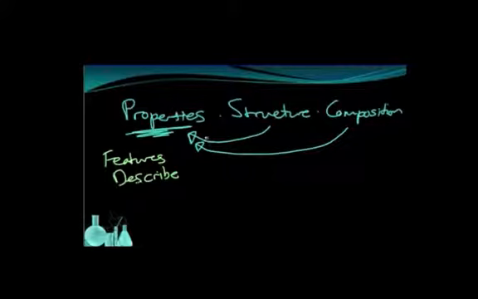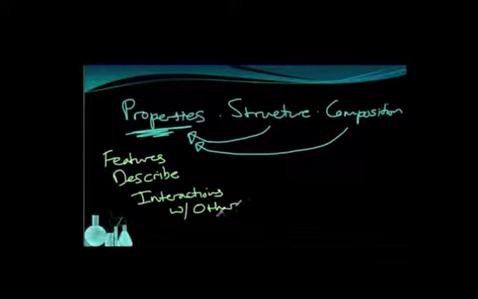But the really big deal about properties is that they also tell us how matter is going to interact with other matter. And that's going to be really big for chemistry, because we're going to be interested in how substances interact with each other, and properties are going to be a big part of that.